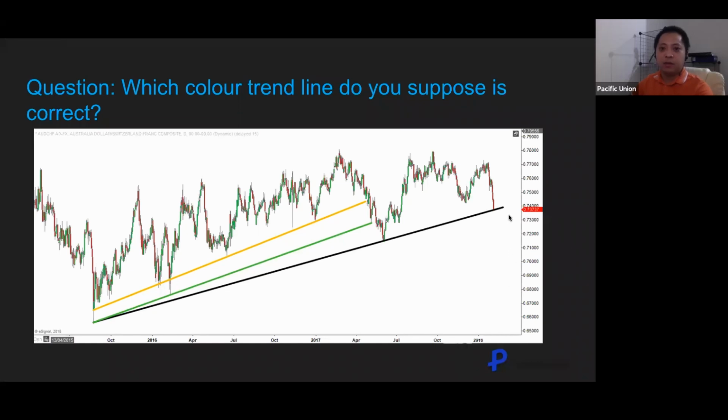I'm going to give you a couple of seconds to think about it, and if you could kindly put your answer in the chat box. Is it the yellow, green, or the black one? Which do you think is correctly drawn? Anyone?